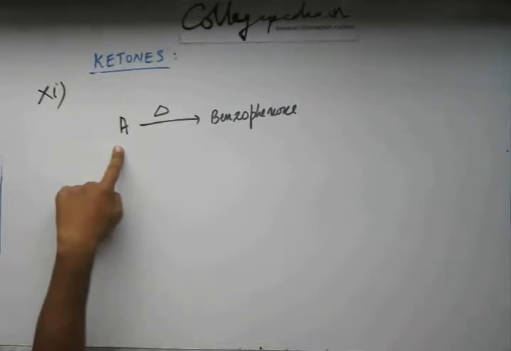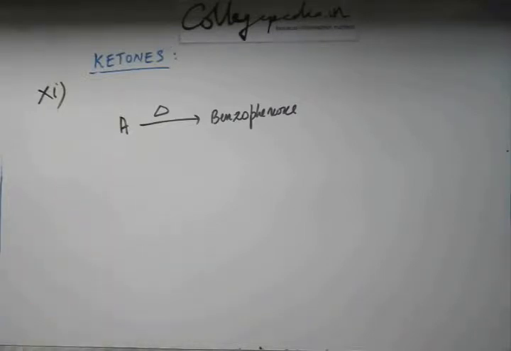Now if this is a beta keto acid, then if you remember when I taught you beta keto acid, I told you that in beta keto acid carbon dioxide gas is also evolved. Here we can see that there is no carbon dioxide gas given. So this must not be a beta keto acid, this must be a calcium salt of carboxylic acid.